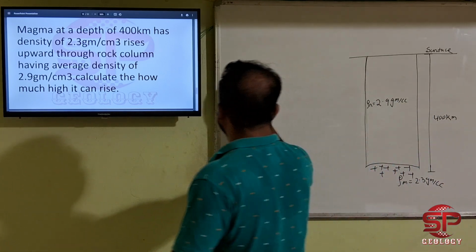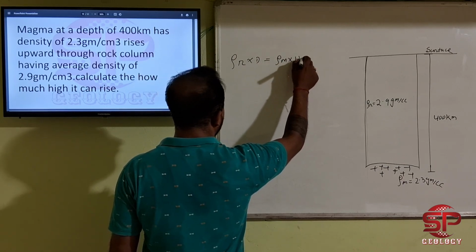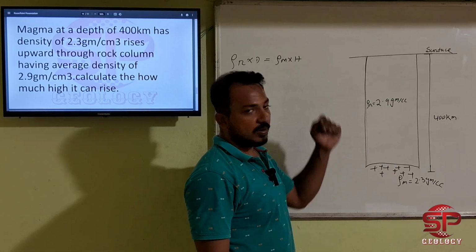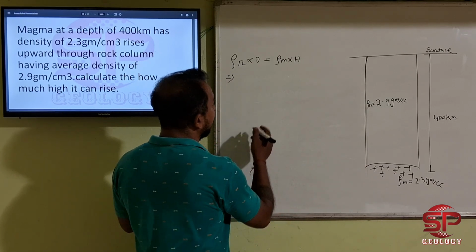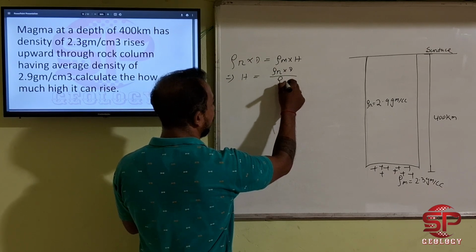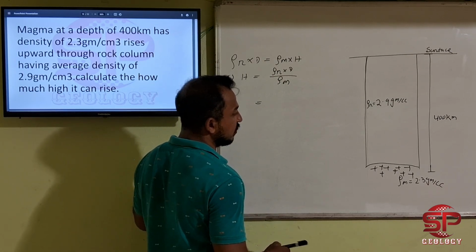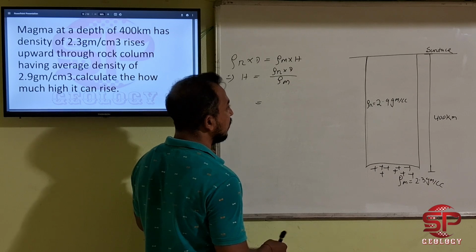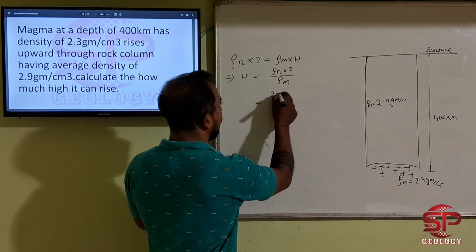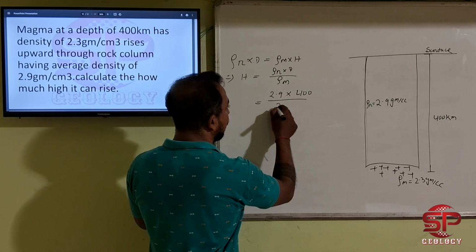I have a formula: rho r into d equals rho m into h, where d is the depth and h is how much it will rise upward. So h will be rho r into d divided by rho m. Since the densities divide each other, the units cancel, so no need to convert units. So it is 2.9 into 400 divided by 2.3.